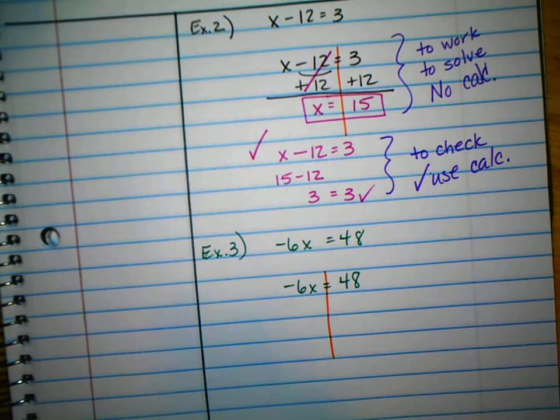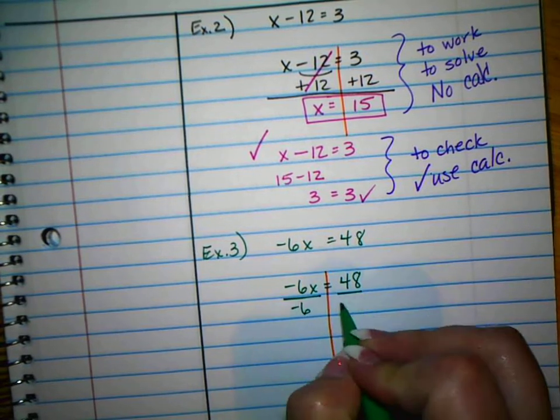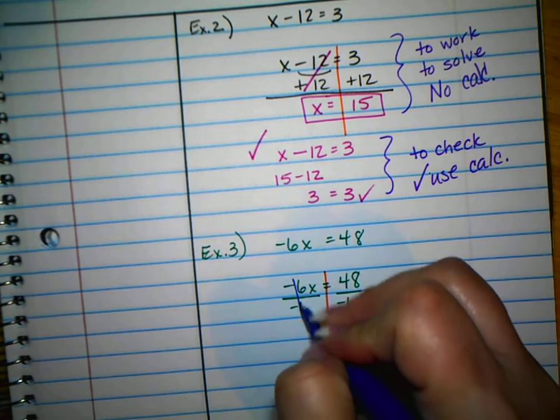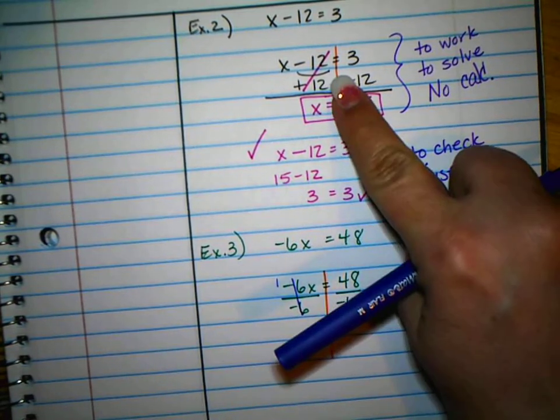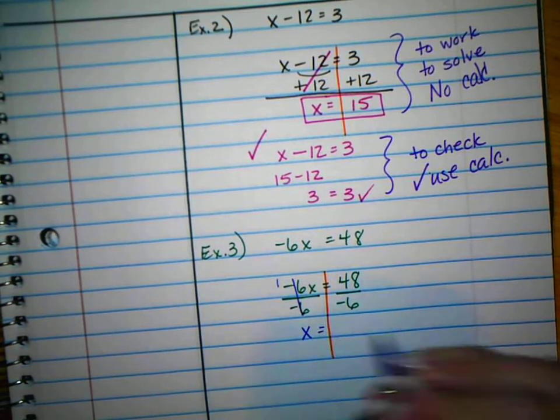Division. And the easiest way to show division is to use a fraction bar. And what's going to happen here is that negative 6 divided by negative 6 is 1. This one isn't 0 like up here. This is 1. And 1 times x is x.